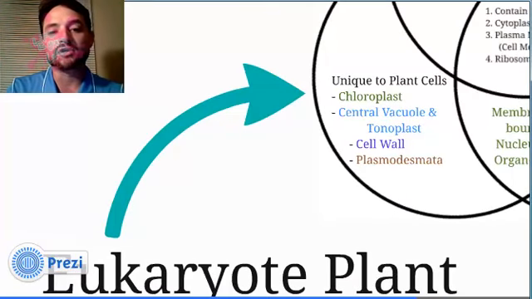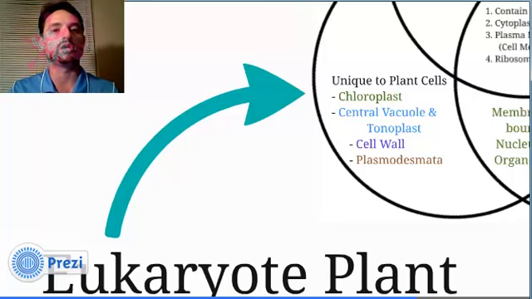For the eukaryotic plant, you have four things that we look at. First is chloroplast. That's actually what does photosynthesis. The central vacuole and tonoplast, that's where water is going to be stored, as well as waste products and nutrients that the cell needs. It's kind of like a compartmentalized storage area.